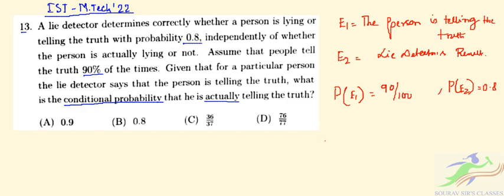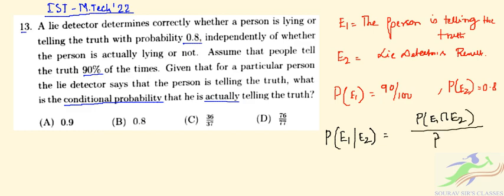And we have to find the conditional probability that actually saying the truth with respect to the lie detector result, that is P of E1 given E2. So it will be P of E1 intersection E2 divided by probability of E2, right?